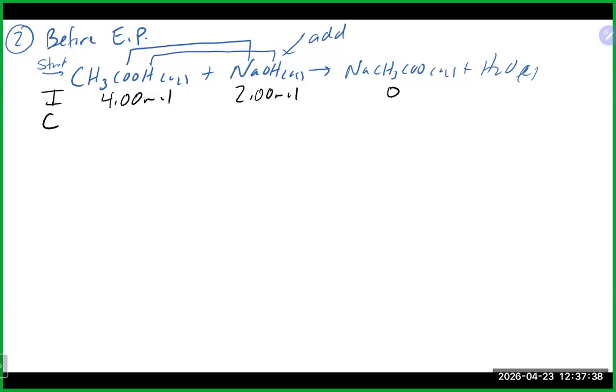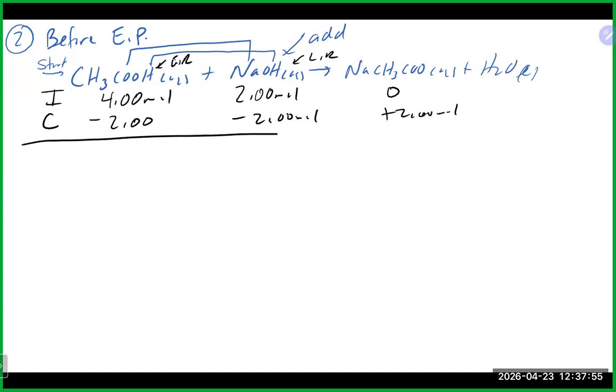At this point, this sodium hydroxide is the limiting reagent, as we do not have enough to react with all of my excess reagent at this point. So the change here is going to be our smaller number, which is our 2 moles in this case. And that means at equilibrium, I'm going to have 2 moles of acetic acid, 0, and 2 moles of sodium acetate.